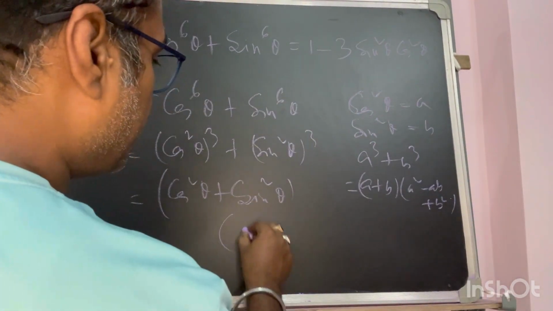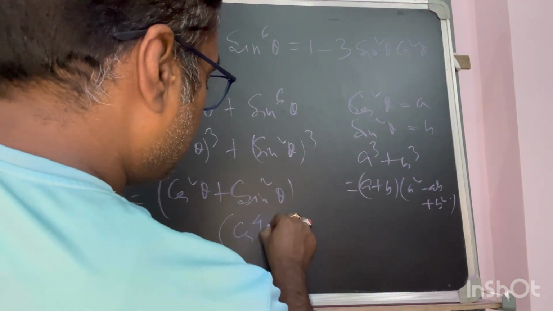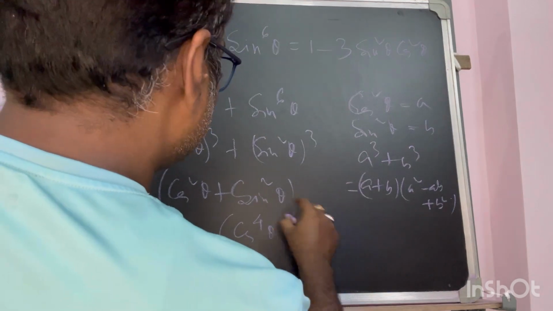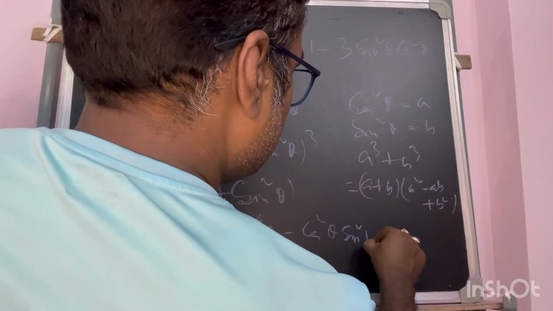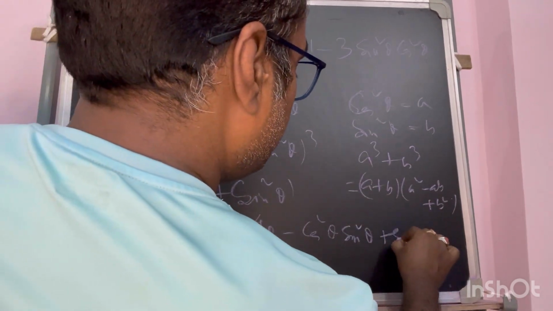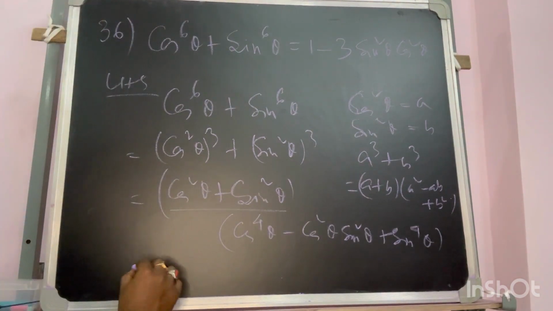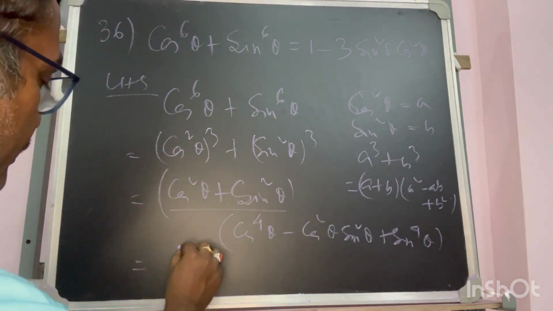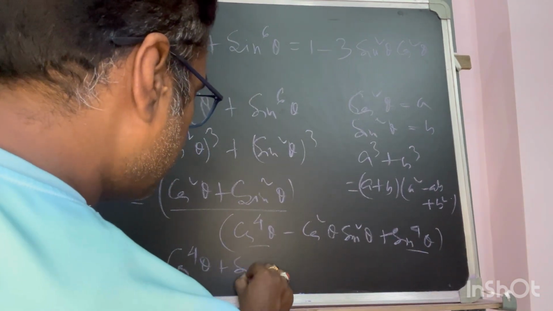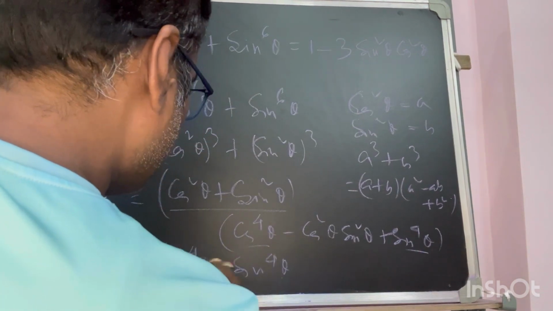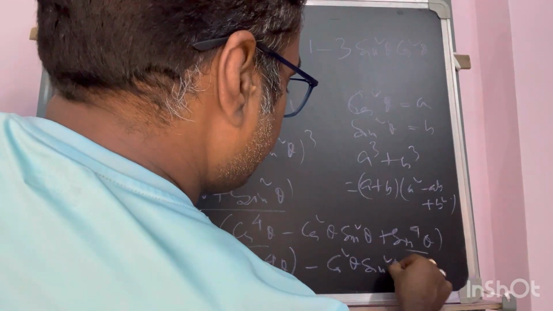Now if I put it like that, a square means cos to the power 4 theta, minus cos square theta sin square theta, plus sin to the power 4 theta. Now what is a plus b? This is 1. So ultimately this will turn into cos to the power 4 theta plus sin to the power 4 theta minus cos square theta sin square theta.